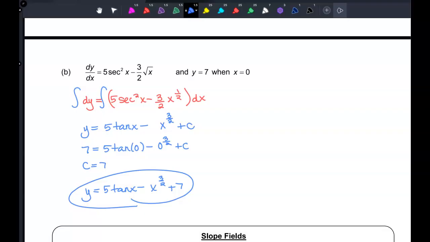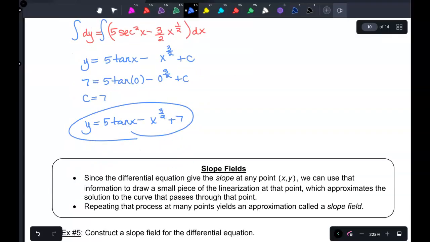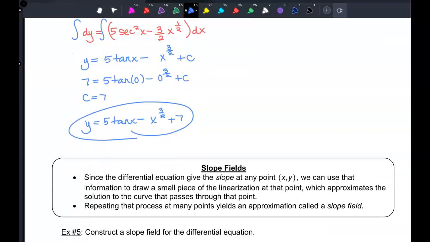Did we get it? Okay, I added the x to the 3 halves now. In this case, you should get, because it's x to the 3 halves over 3 halves, so it cancels out the coefficient, but you still have an x to the 3 halves here. Plug in 0, we get c equals 7.